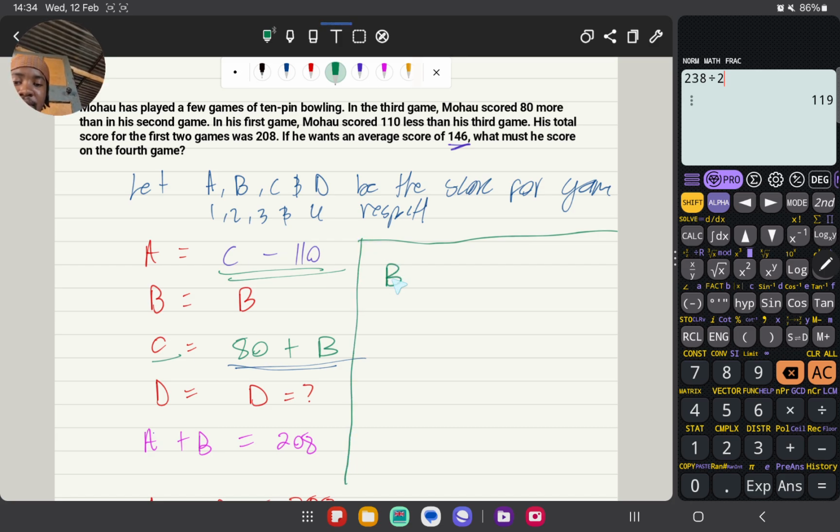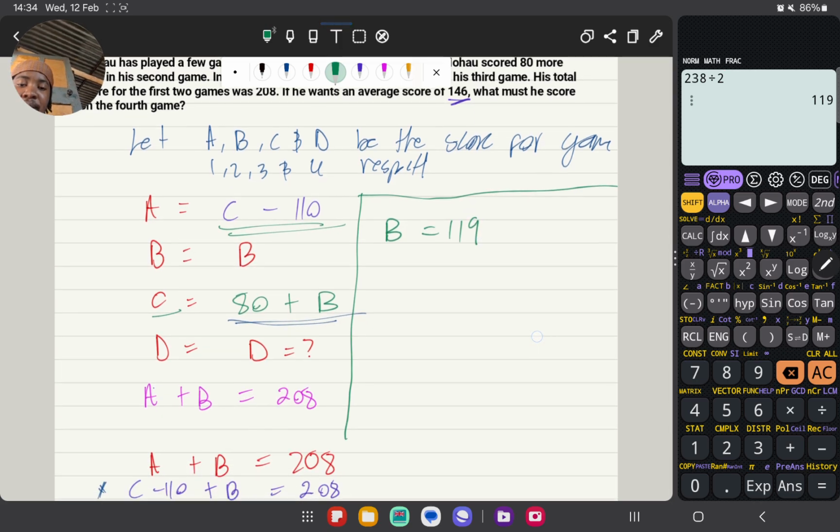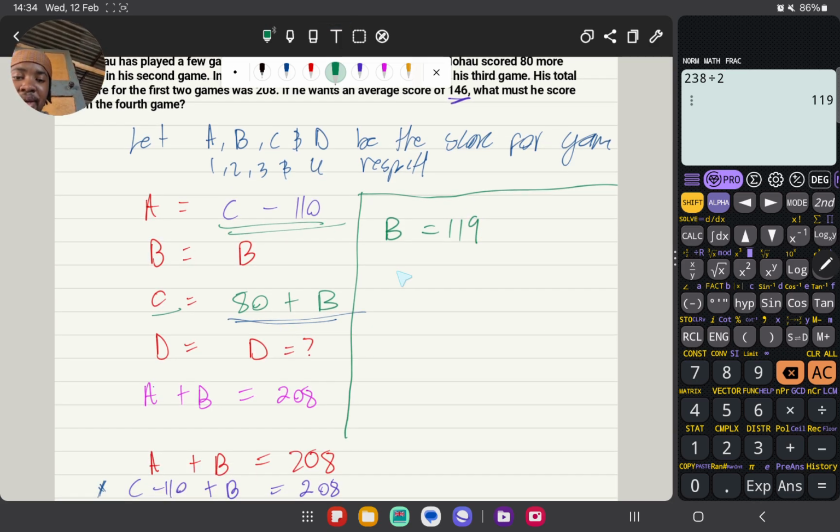Yeah, so I already know that B is 119. Let me use that to help me. C is gonna be what? 80 plus B, which is 80 plus 119, 199.